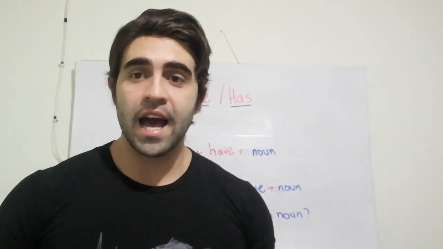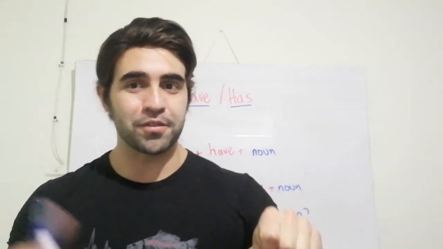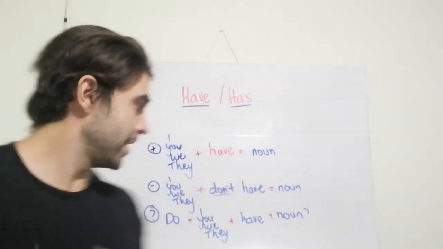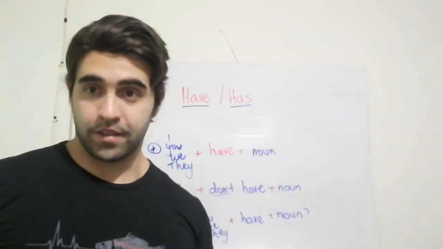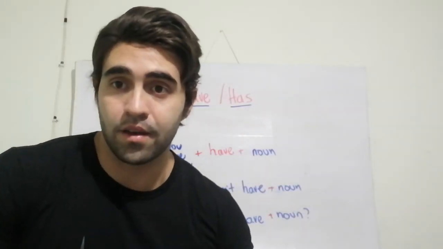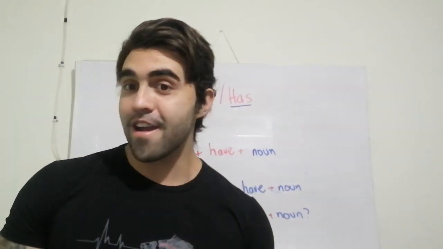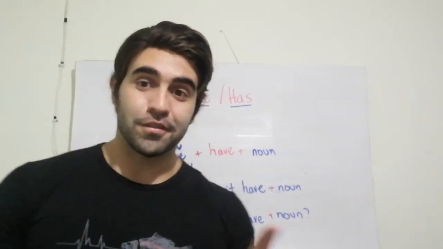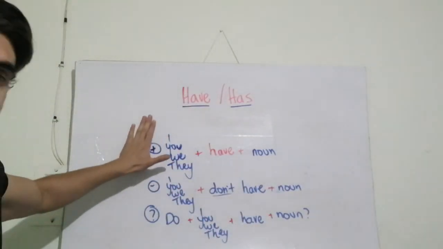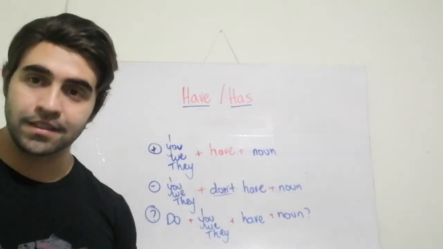So in this case I say, do you have a car? Or do you have a motorcycle? Or do we have a house? Yes, of course I do have a house. Do you have long hair or do you have short hair? Right? Now this is the first person positive, negative, and interrogative sentences.